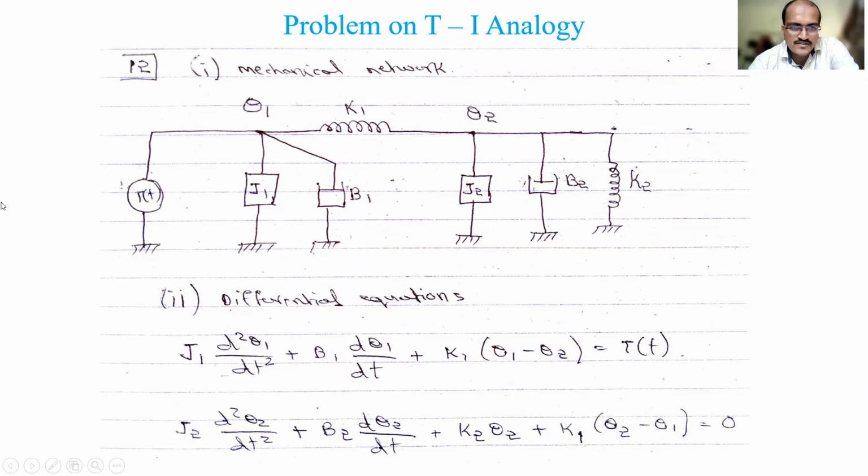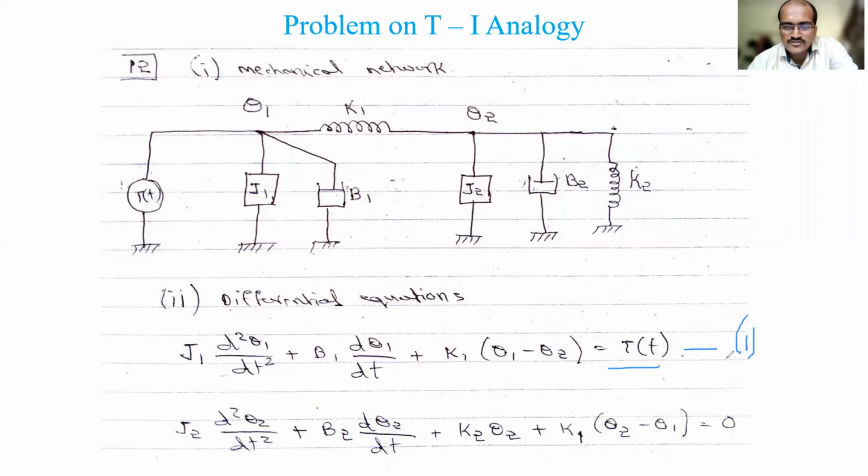We first write the d square terms, so J1 d square theta 1 by dt square. Then B1 d theta 1 by dt, which is the self term. Then you have the mutual element, K1 (theta 1 minus theta 2), equal to T of t. This is equation number 1.